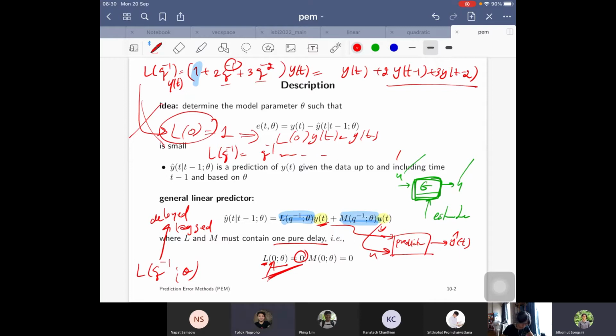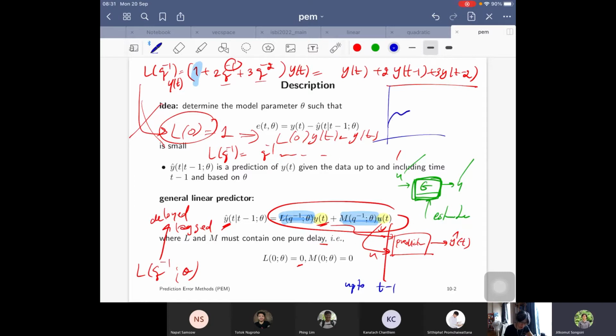Yes, it is clear. Okay, and of course the motivation that L and M must contain one PL delay is that the input of Y hat can contain only the input information up to time t minus 1, as required by the definition of the predictor. When you predict something at time t minus 1, you want to predict the value at time t.